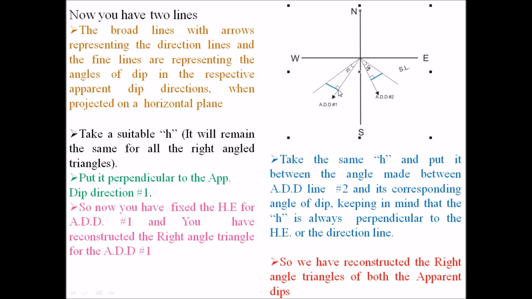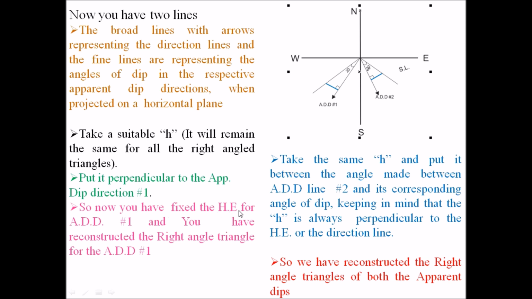By drawing this H, we have completed a right angle triangle in the apparent dip direction number 1. Now taking the same H, we mark it perpendicular to the apparent dip direction 2. As I told you earlier, H is always perpendicular to the dip directions, whether it is true dip or apparent dip.